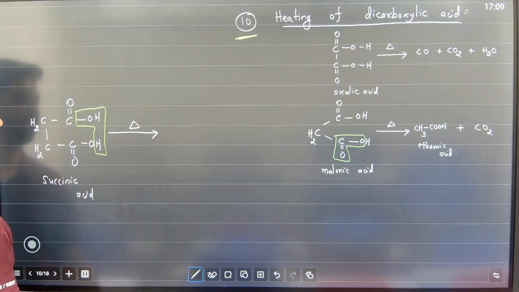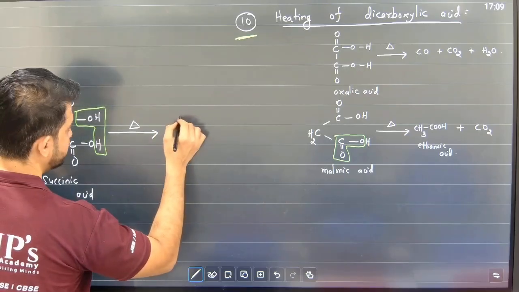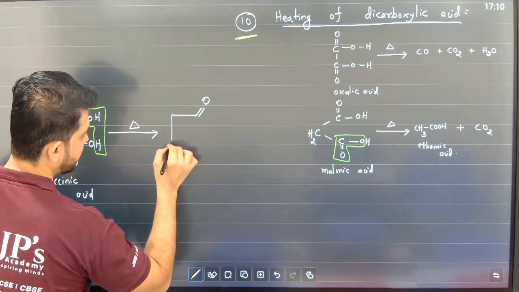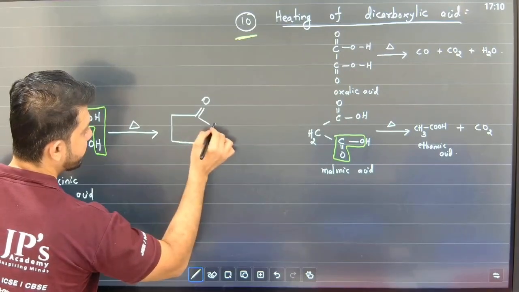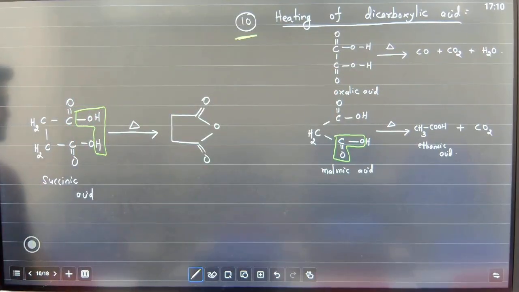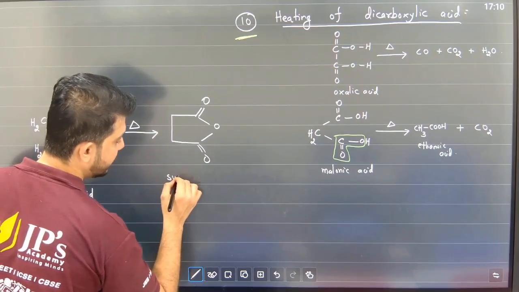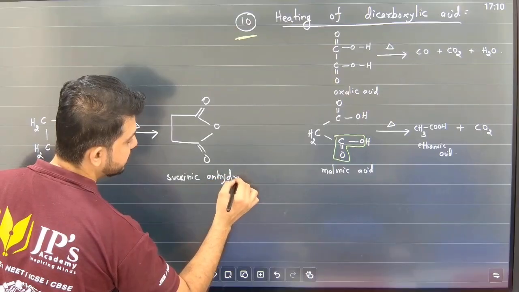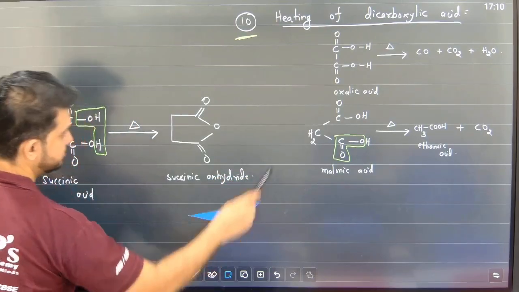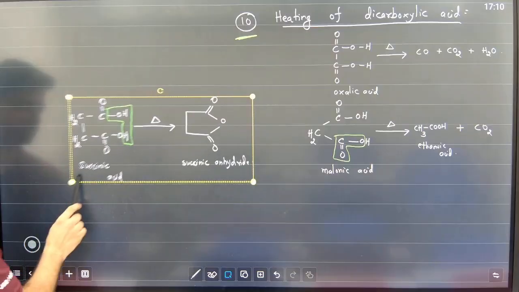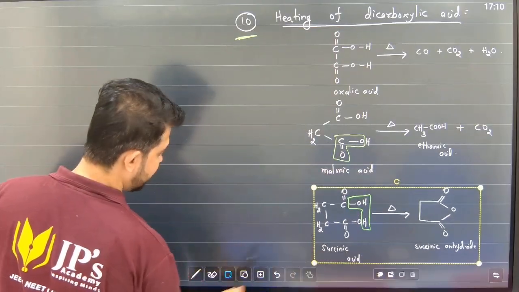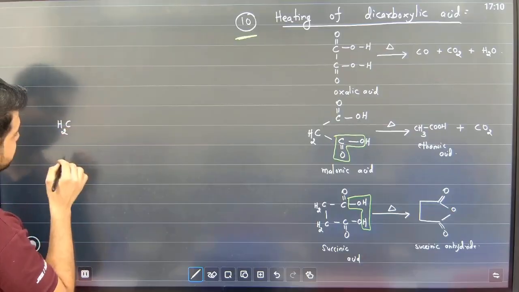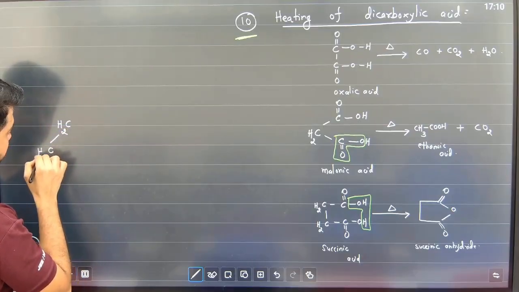We removed H2O and we are left with this. This is succinic anhydride. I repeat, students, we call this succinic anhydride. Then the next acid that we have is, students, glutaric acid.